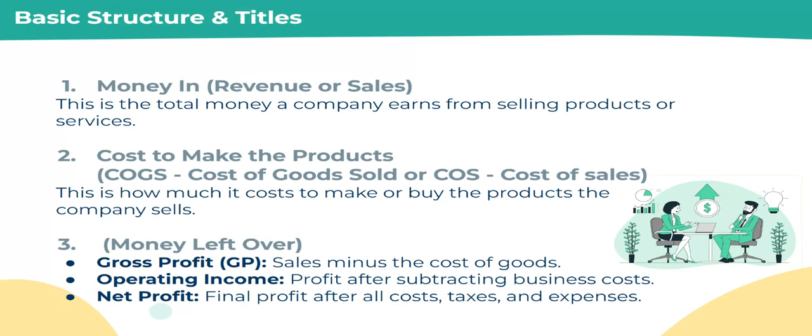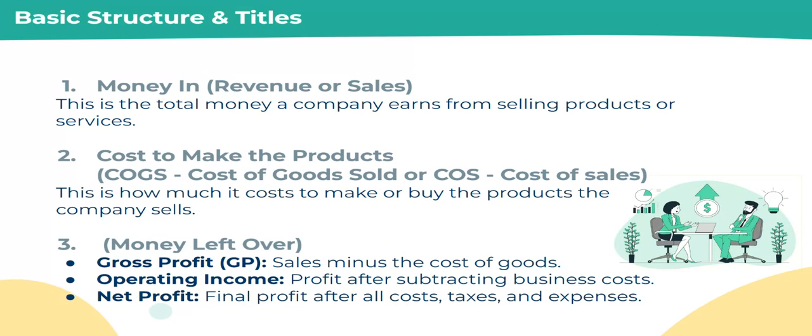Number 3, money left over. We have gross profit, sales minus the cost of goods, operating income, profit after subtracting business costs, and net profit, final profit after all costs, taxes, and expenses.